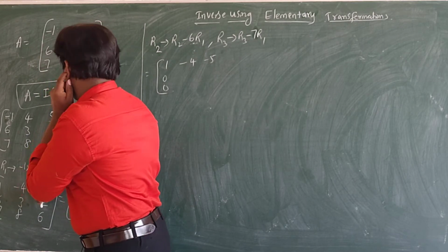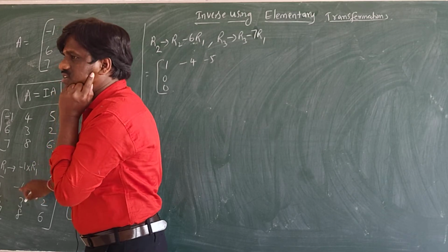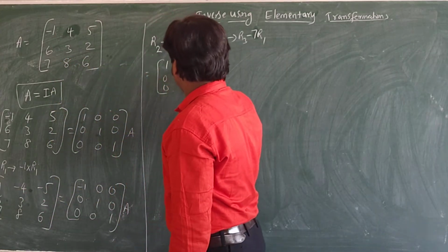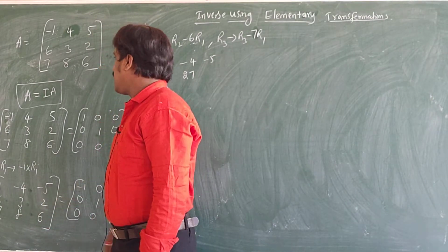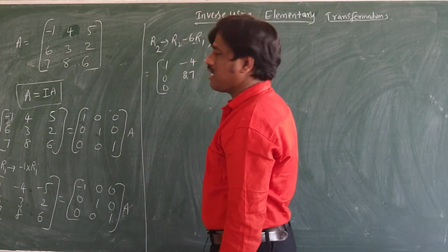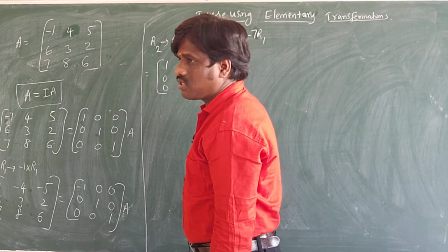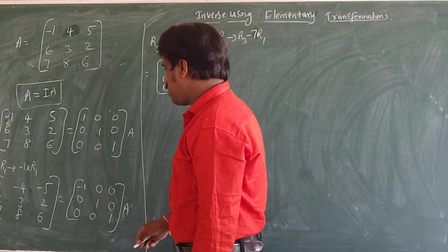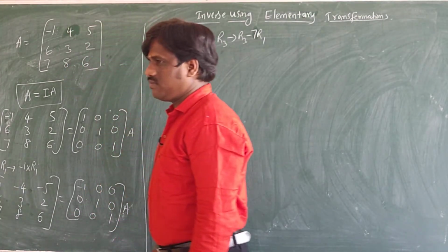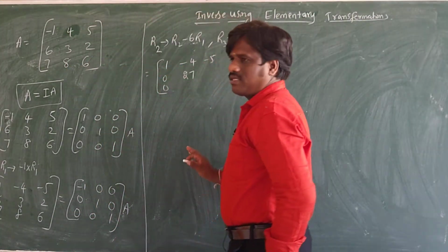Okay, next this one, tell me. 3 plus 24, that is 27, right? Next, tell me. 8 plus 28, that is 36. Complete.